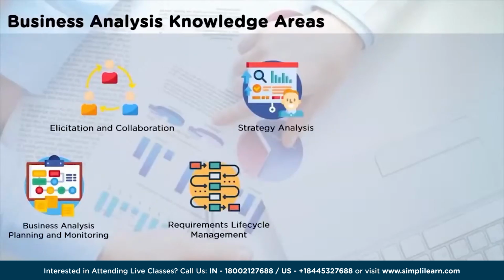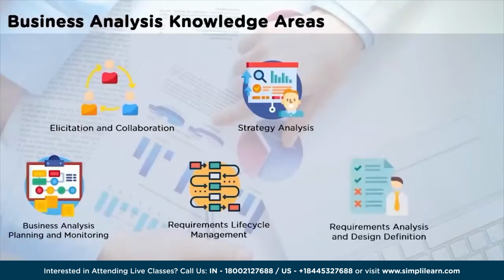You need to analyze the current state, define the future state, assess risks, and define change strategy. Then we have requirements analysis and design definition. This knowledge area describes the tasks used to organize requirements, specify and model requirements. It also validates and verifies information and identifies solution options.